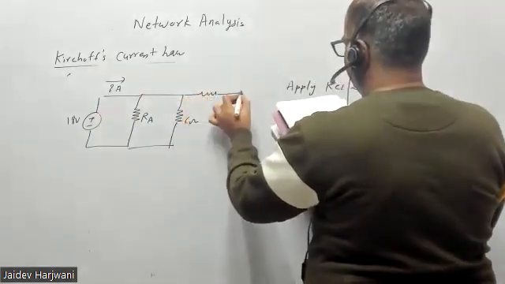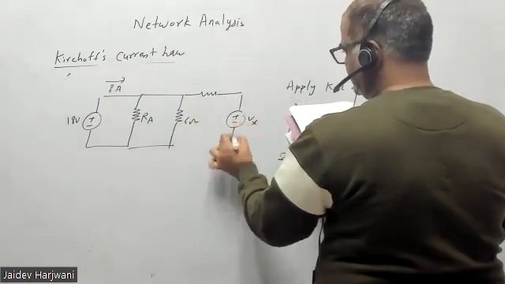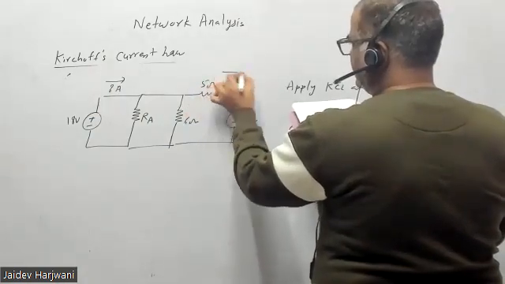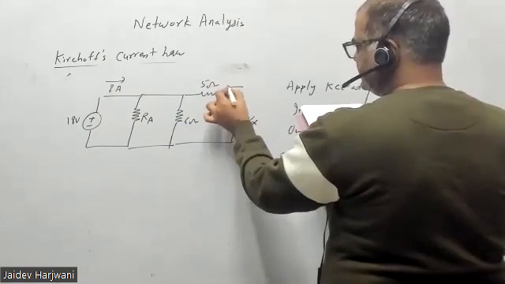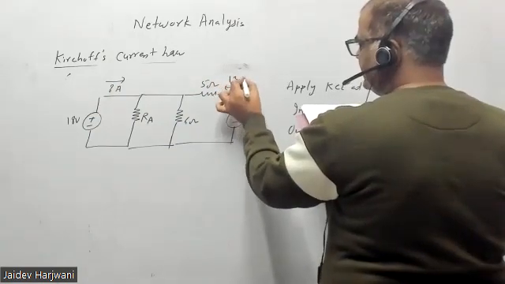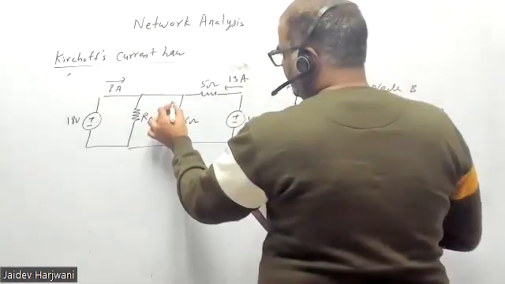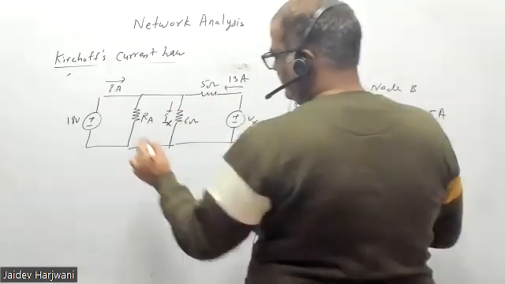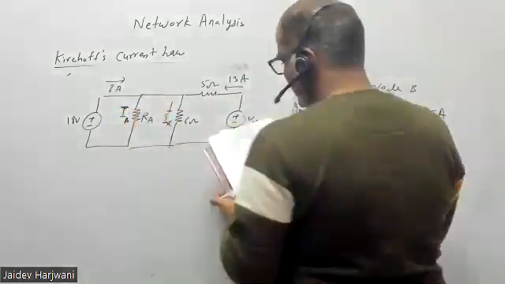This is the voltage source Vx. This is a 5 ohm resistance, and the current given is 13 ampere. Okay, that means in this branch the current is 13 ampere. So you have to find how much current is flowing in the 6 ohm, and how much current is flowing in RA.